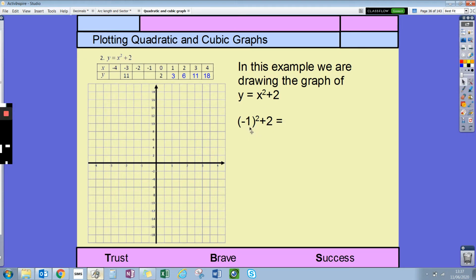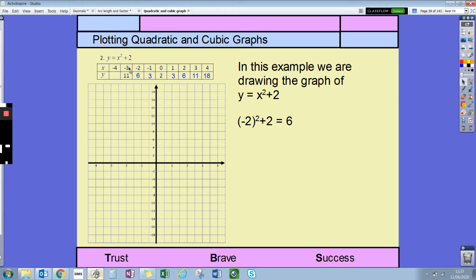So negative 1 squared, remember, negative times a negative is positive, so this will be 1 plus 2, which is 3. Again, we're now using negative 2 for x, negative 2 squared. Negative times a negative is a positive, 2 2s are 4, so 4 plus 2 is 6.